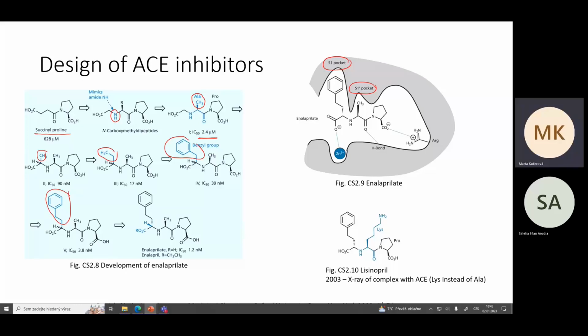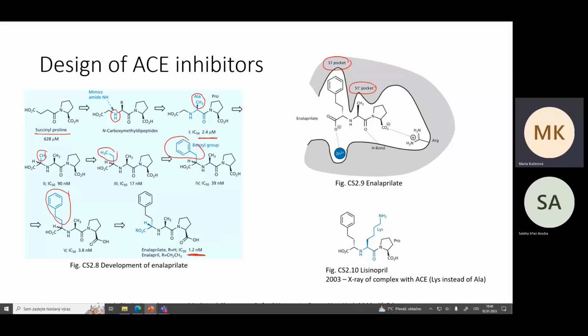And you probably know that this is the structure of enalaprilate with nanomolar IC50, which is an excellent result.